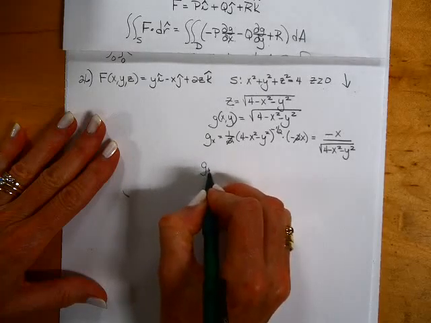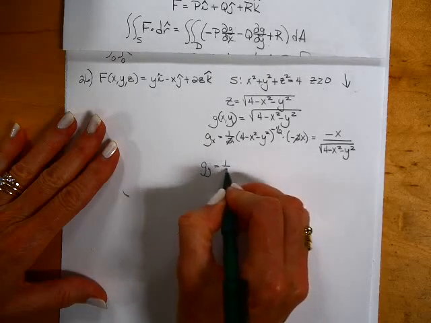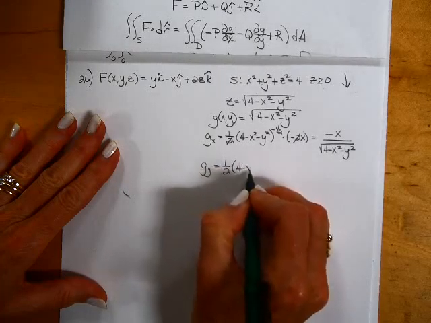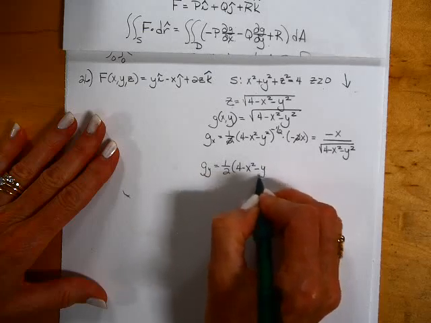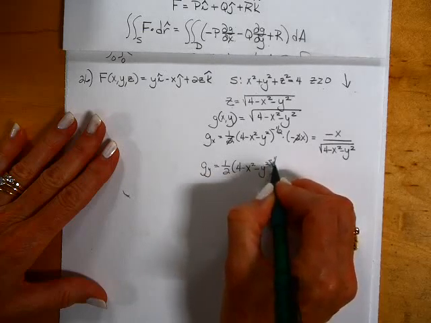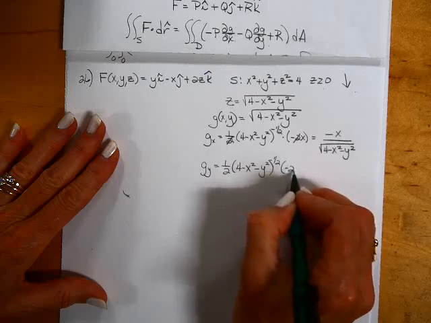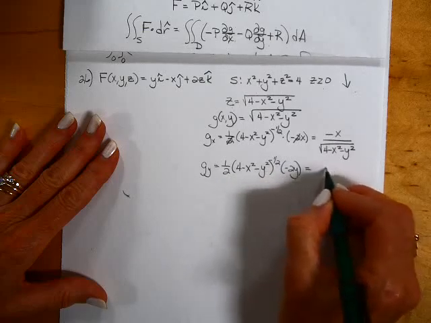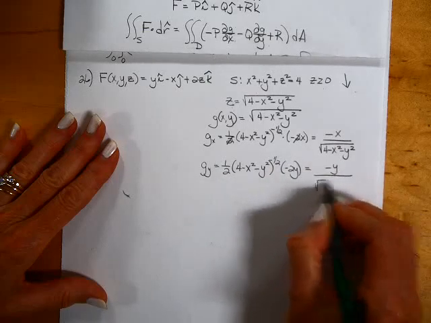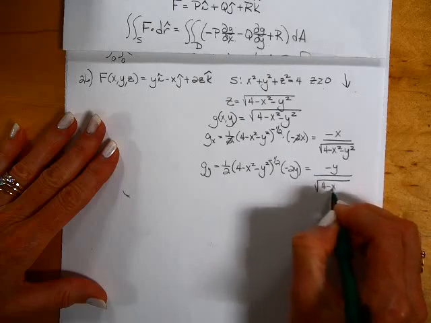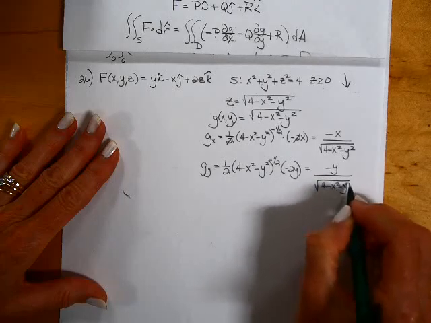All right, the partial with respect to y is going to be just like that, except with respect to y. So that's -y over the square root of 4 minus x squared minus y squared.